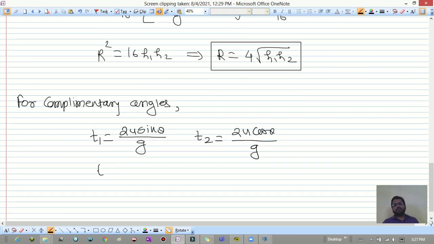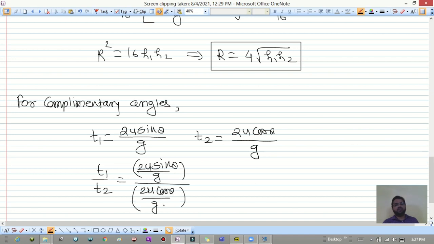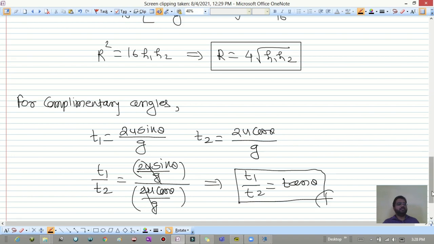Right, now if you take t1 divided by t2, then you will get 2u sine theta divided by g divided by 2u cos theta divided by g. So 2u by g gets cancelled. So from this, t1 by t2 is equal to tan theta.